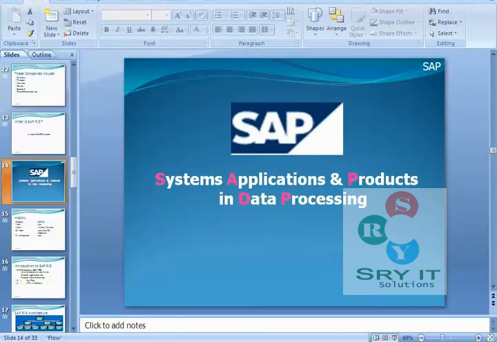Okay, but we are not going to touch the OOPs concepts here. What is inheritance, what is polymorphism, all these things we are not going to discuss. Here, ABAP-related OOPs will come. If I am declaring any variable, here we discuss that as an object.